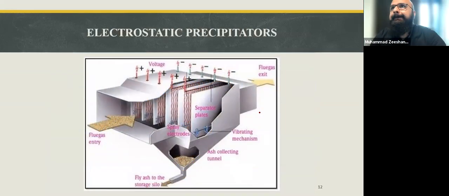A very versatile option that we have for particulate matter removal from dirty gas is electrostatic precipitators. If you look at this equipment, we have a number of plates arranged in parallel, and alternate plates are connected with alternate electrodes.